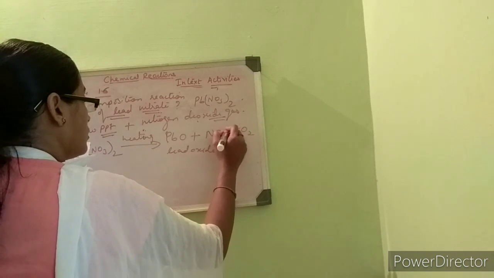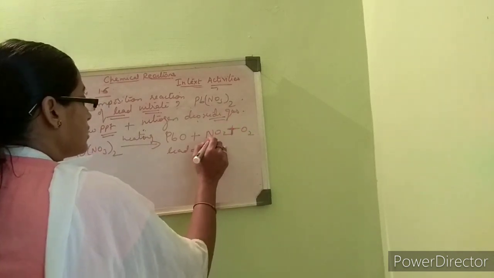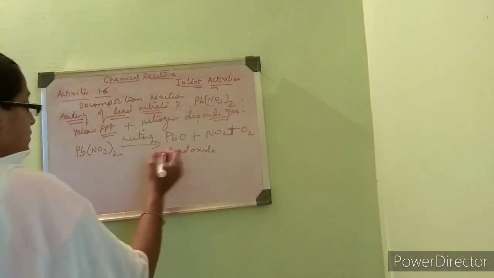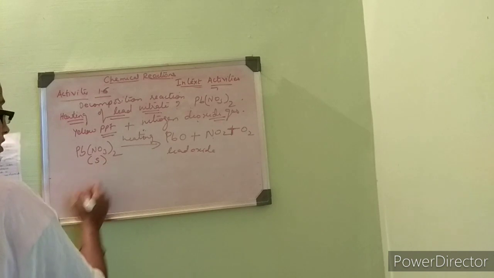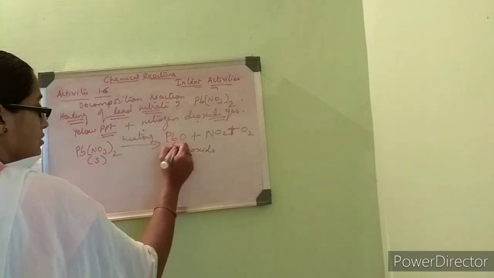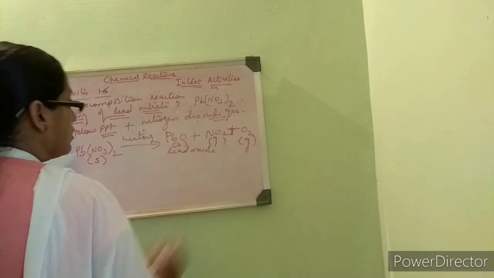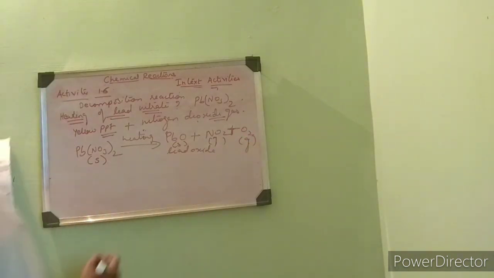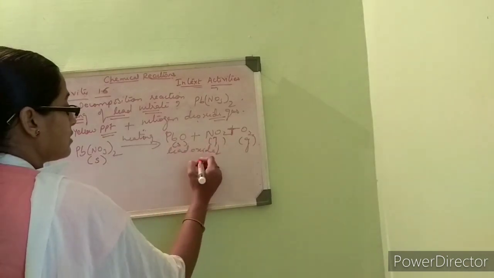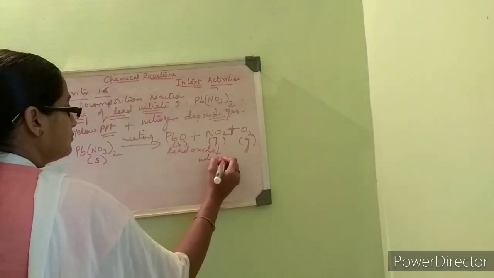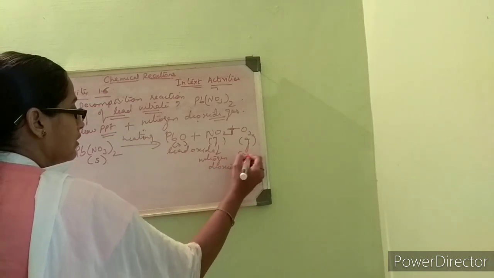Nitrogen and oxygen combine together to form nitrogen dioxide and oxygen. Here this is directly heated, so it is a solid. Here also it is a solid, here it is a gas, and oxygen is also a gas.